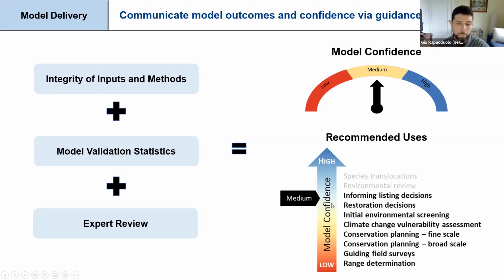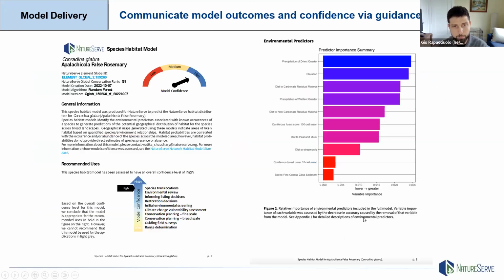So experts weighing in directly can inform the confidence of a model and therefore its recommended uses. We gather all this information and provide it in summary PDFs that are provided together with the spatial output. And so all this information is accessible and model users are able to refer back to it anytime they need when applying model outputs.